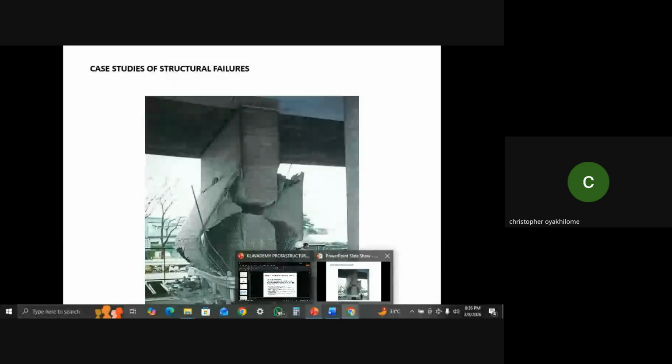Basically, this is a compression failure, and like every other one, the compression material lacks the strength to withstand the compression load, and that is why it is buckling. That's why this failure has surfaced.